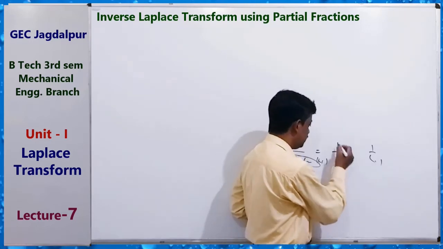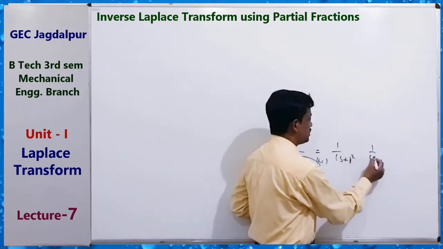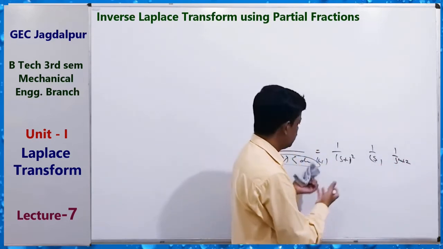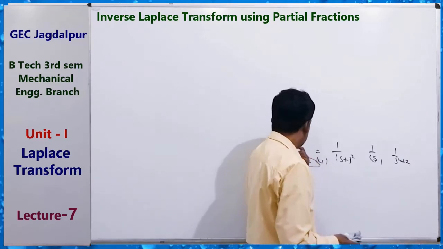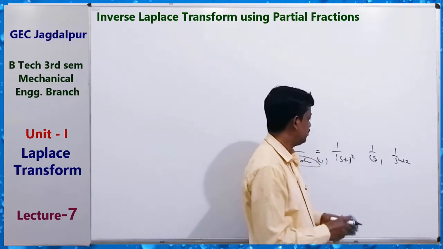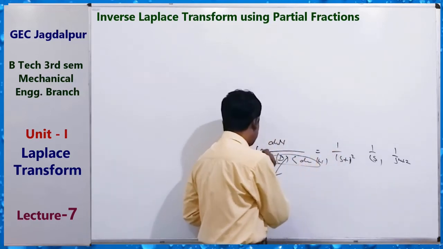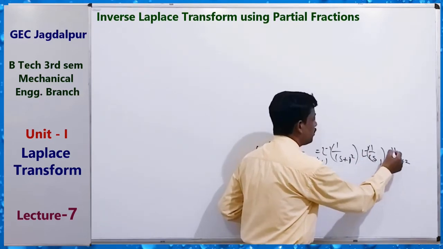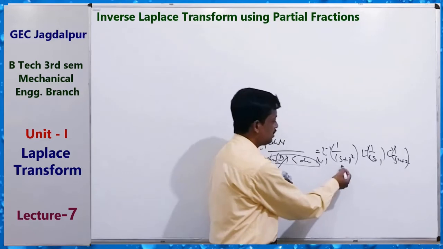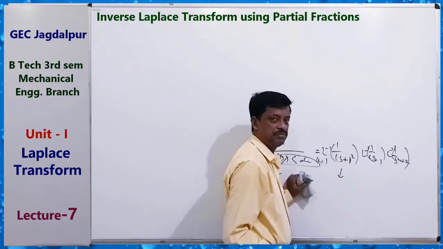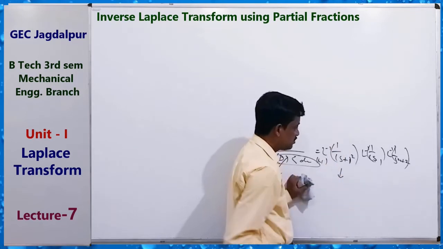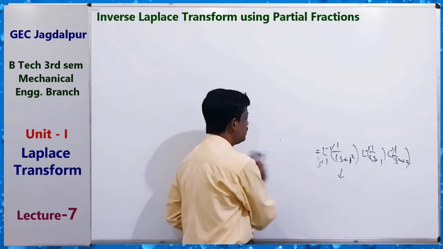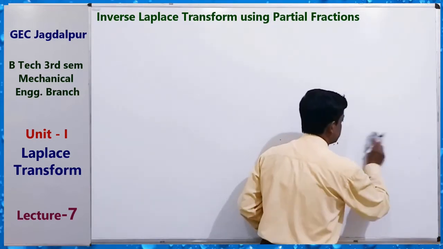If we get terms like 1 by s plus 1, 1 by s, or 1 by s square plus 2, in this form, then we can apply the inverse Laplace operator and get the inverse transform by using a standard formula. So partial fraction is very useful for finding the inverse Laplace transform.